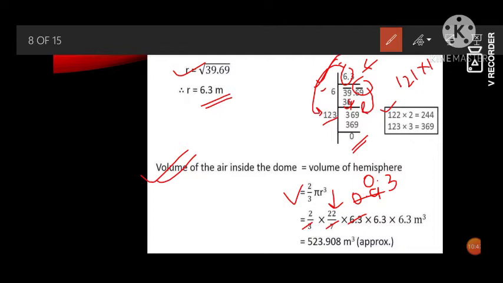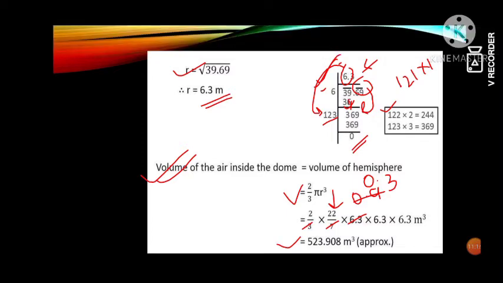On multiplying the numerator, since there is no denominator left, we will get 523.908 meter cube approx. We can also change it into 2 decimal places or 1 decimal place. So 523.90 meter cube is the answer for the volume of the hemispherical dome. That is our subpart 2.